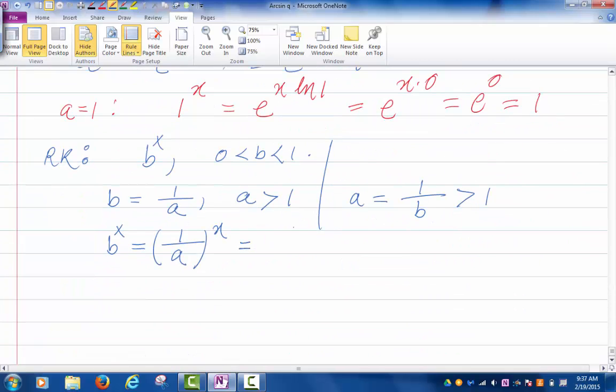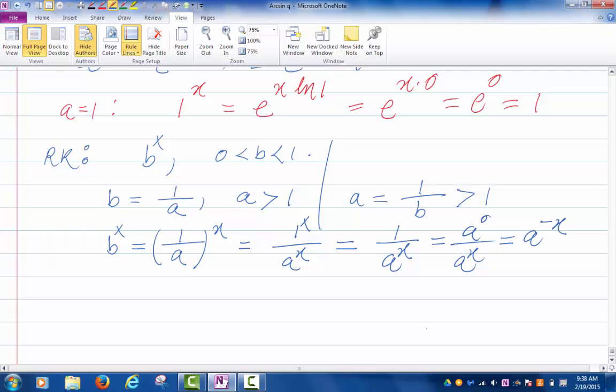They imply that this is the same as 1 to the x over a to the x, and that implies that I have 1 over a to the x. This is the same as a to the 0 over a to the x, which I can think of as a to the 0 minus x, which is a to the negative x.